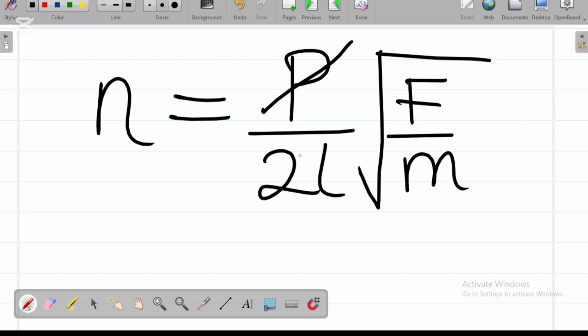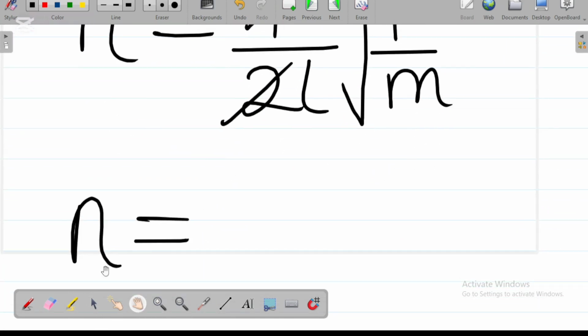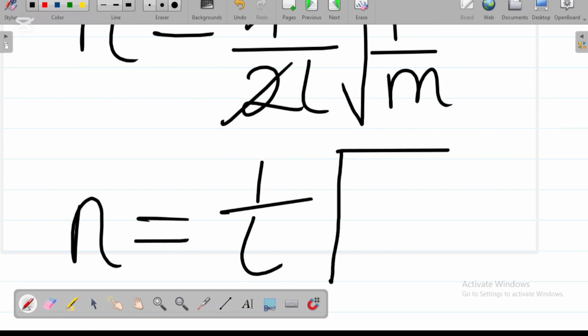So ignore P and 2, because dimensional analysis has nothing to do with constants, coefficients, and numbers. So N becomes 1 all over L and then square root of F all over M.